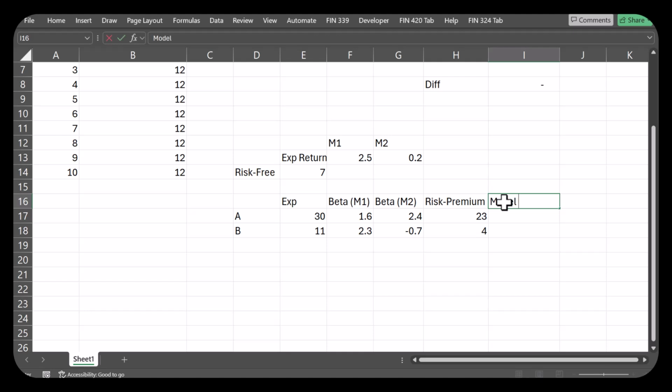So model risk premiums are some product of the expected returns on the factors and the betas. Obviously, these are going to be fixed.